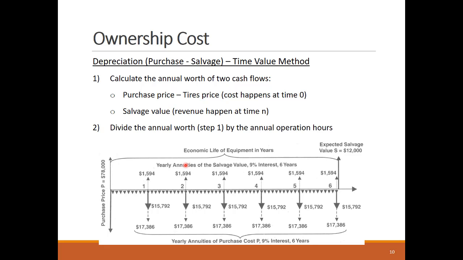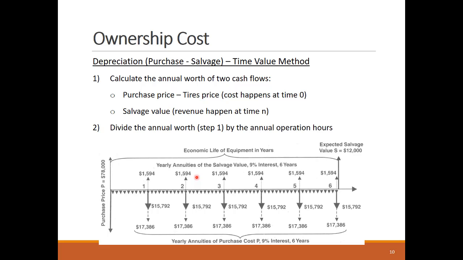As such, the annual worth of the purchase price turns out to be $17,386. On the other hand, the annual worth of the salvage value is calculated by multiplying it by the A given F factor. So we end up with an equivalent positive annual cash flow of $1,594.